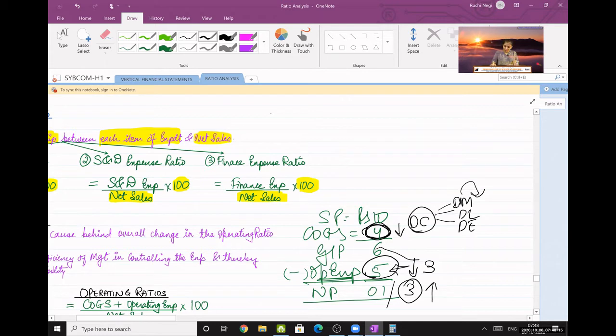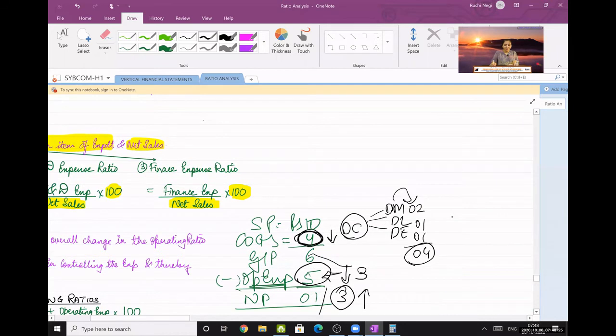So say my 4 rupees breakup is 2, 1, 1, and this makes 4 rupees COGS. I'm taking raw material of 2 rupees, and if I get raw material at 1.5, obviously the quality of 2 rupees raw material and 1.5 would differ.